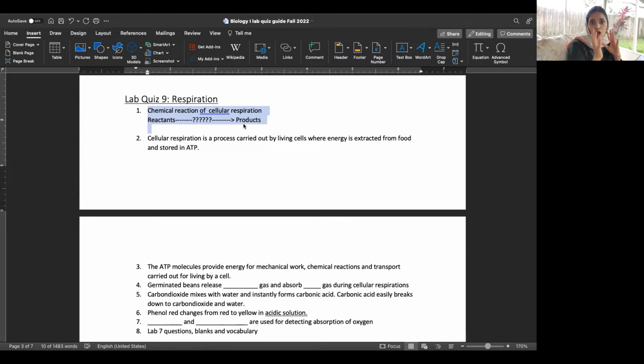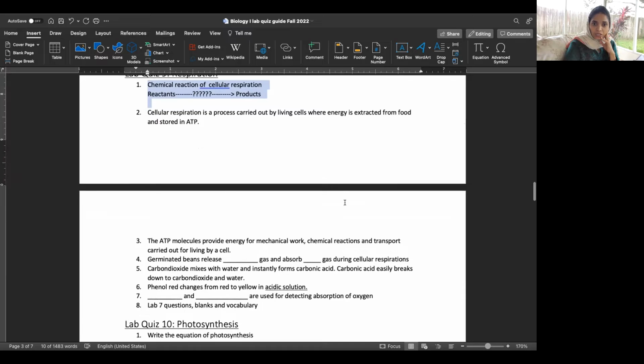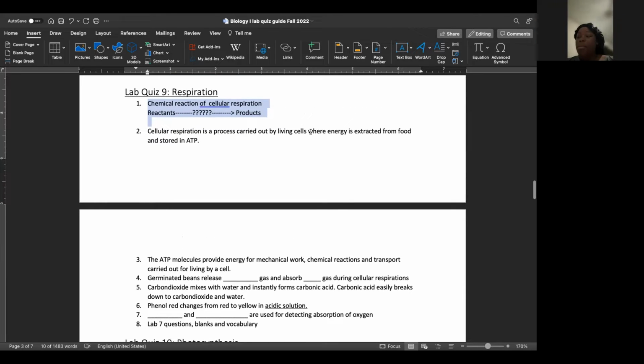The products in the chemical reaction of respiration would have ATP. Okay. Tanisha, yes, ma'am. Any part of lab 9? Anything, any answer to lab 9?